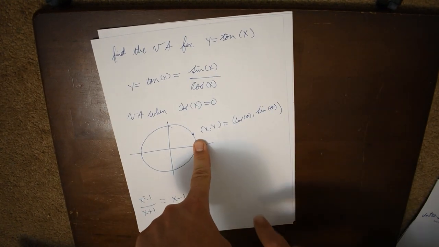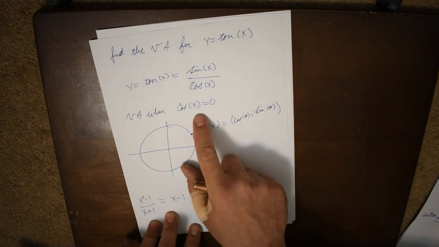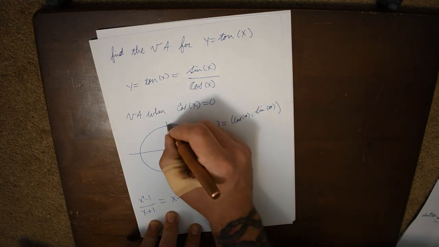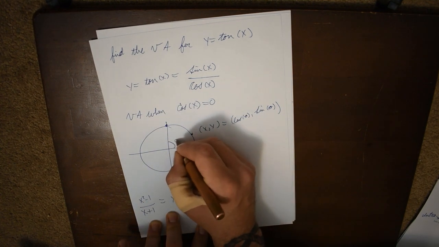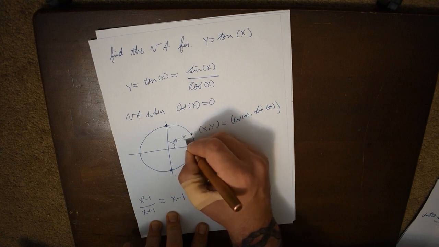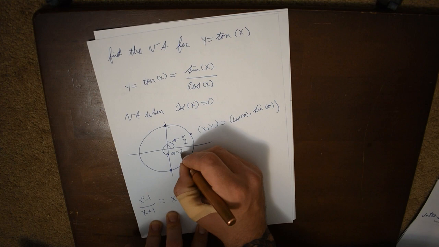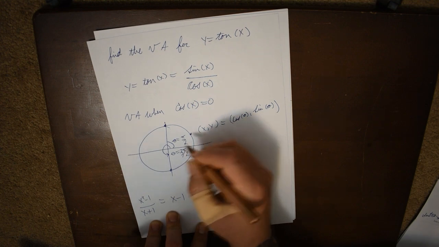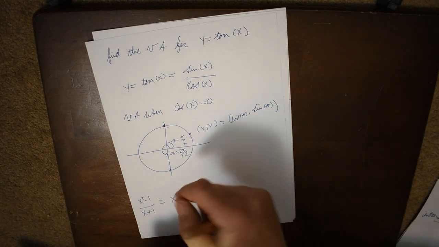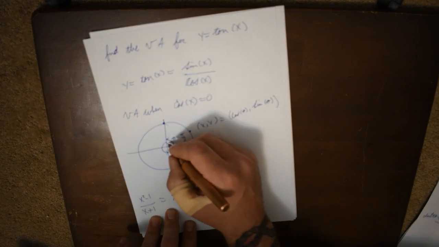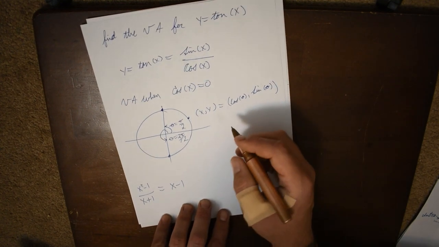Points on your unit circle are in the form cosine of theta, sine of theta. So when cosine is equal to 0, that's when your x-coordinate has to be equal to 0. That happens when theta is equal to pi halves, or 3 pi halves, or we can go all the way around to get back to 5 pi halves, or if we went in the opposite direction, we'd have negative pi halves.